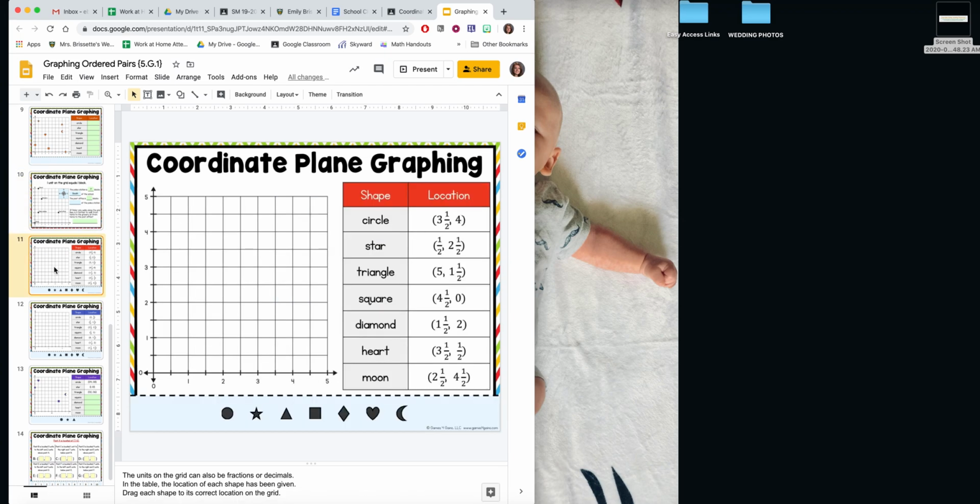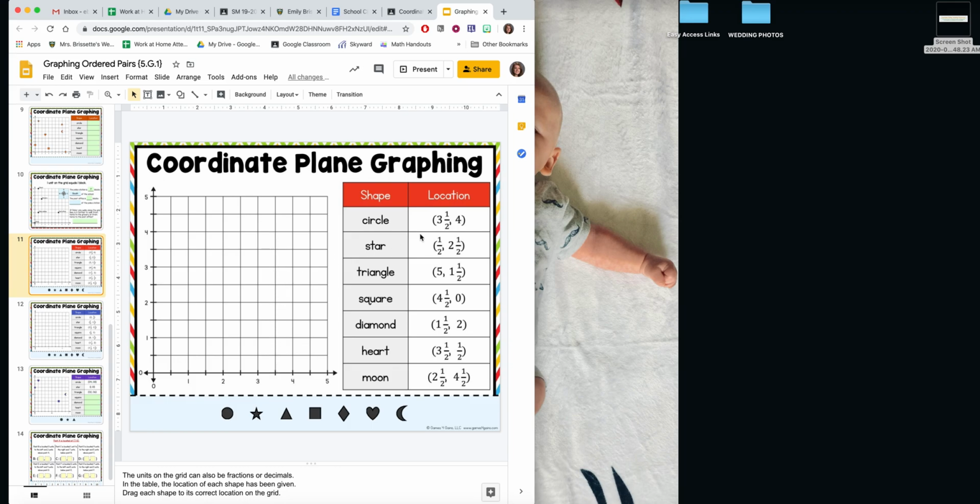For this one, it has little fraction coordinate directions, so we can do an example together today. A circle talks about the x-coordinate being 3.5. Let's look at our number lines down here on the x-axis. It says that the 3 is here and the 4 is here. That would make 3.5 along this line.